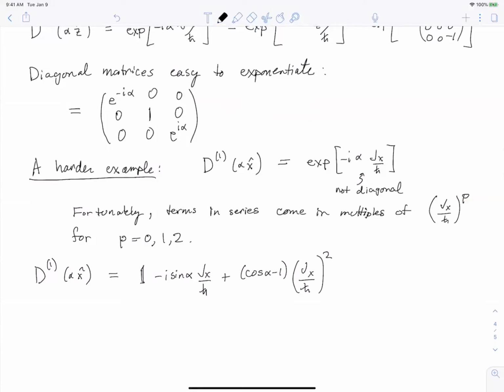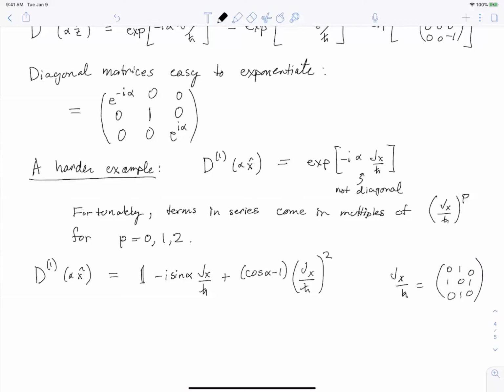Okay, and jx over h bar is just this thing, 0, 1, 1, 0, 0, 1, 1, 0. Okay, and that's it. The whole infinite series sums up into a thing that you can write in just 3 terms.